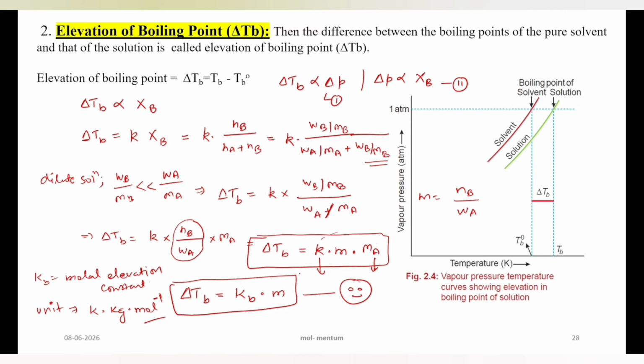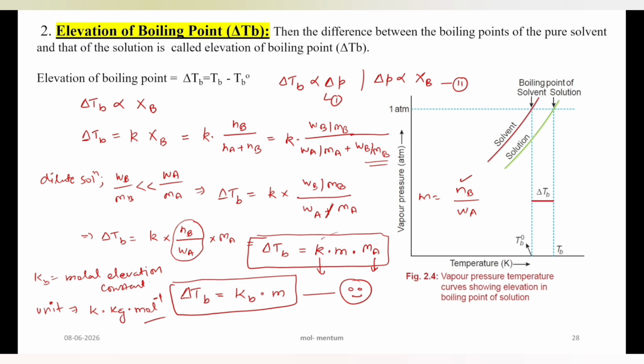So m is an expression of NB and WA. That means delta TB is directly proportional to NB, the number of moles, not the nature of the solute. So that is why elevation in boiling point is also a colligative property, because it is dependent on number of moles, not on the nature. The unit becomes very important.